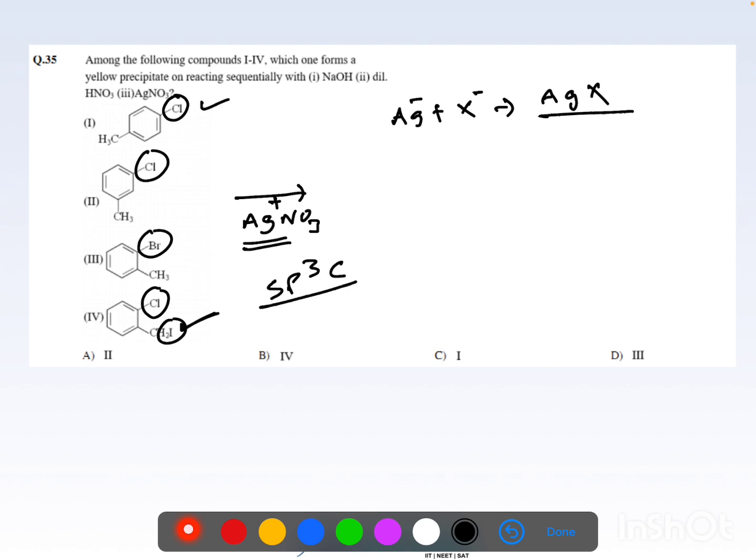In all of 1, 2, 3, the halogen is attached directly to the benzene ring. So here only option 4 will form AgI. Only iodine from the fourth compound is abstracted. So the option will be 4, which is B.